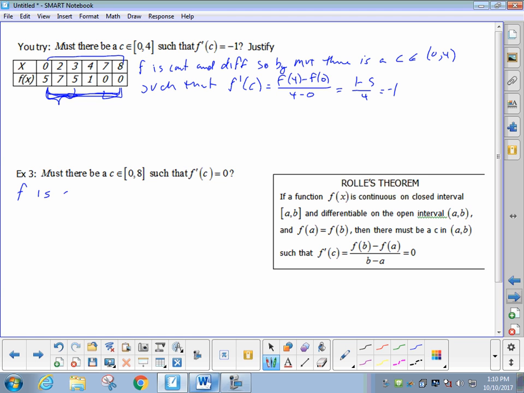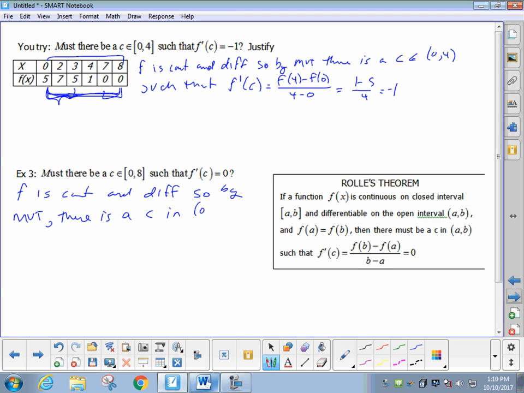F is continuous and differentiable. So by MVT, now let's say this in an intelligent, clearly communicated way. There is a c in, now I could say in 0 to 8, but let's do better than that. Let's show when it happens.